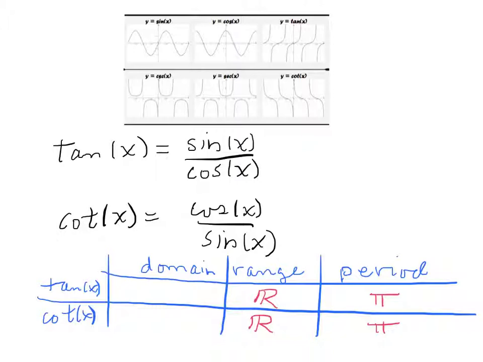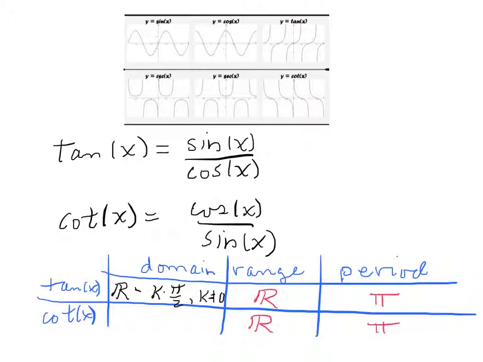Now, the domain. Domain for tan of x is all reals except those values of x which make cosine equal to 0. And the way we can write that is all reals except multiples of k times pi over 2, where k is not 0.